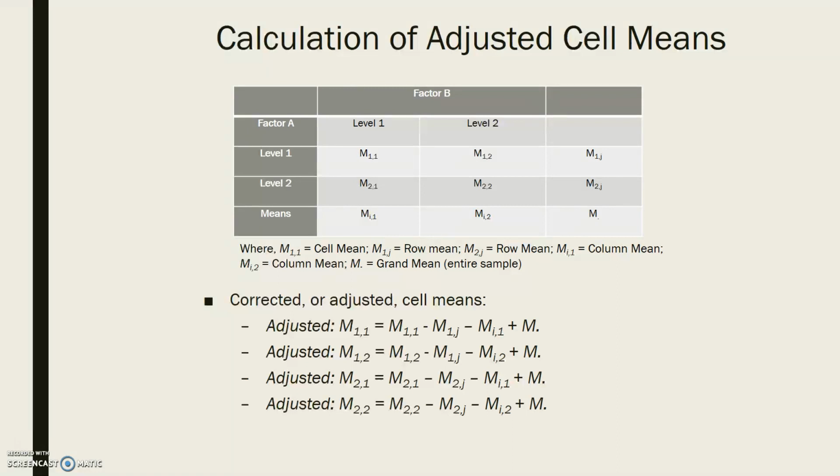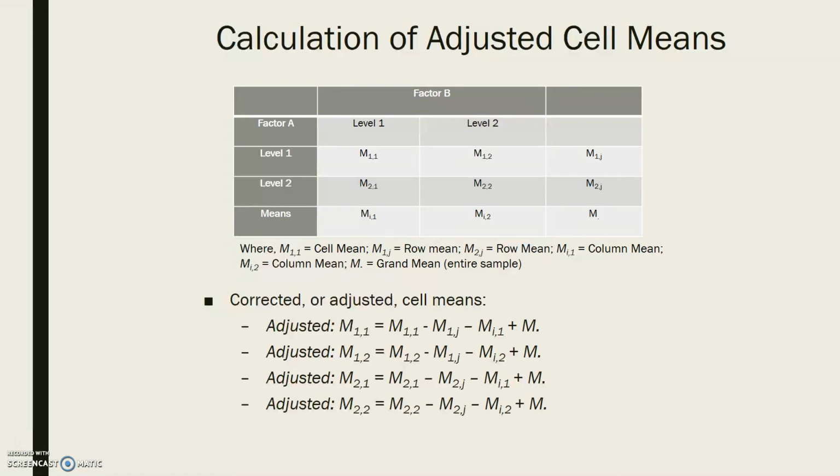These are the row means, so we just add up those values for each row and divide by 2. Likewise for the column means, M subscript i comma 1, M subscript i comma 2, we just add up each column separately and divide by 2 to get the mean. And then M period at the bottom right-hand side, that's the overall grand mean if we were to estimate the mean for everybody.